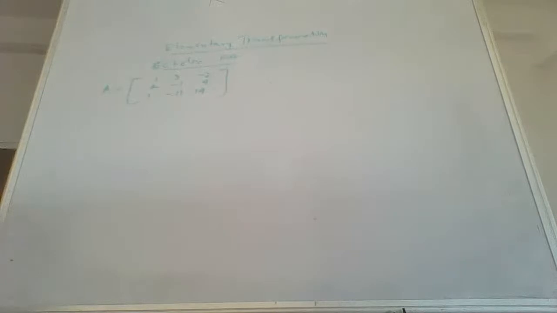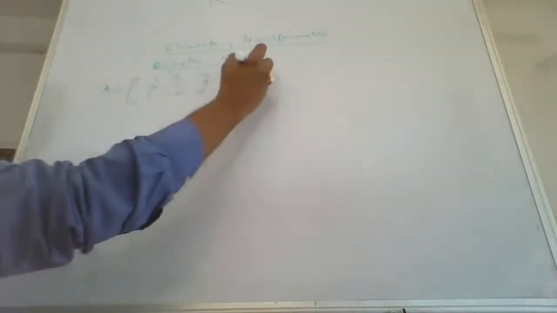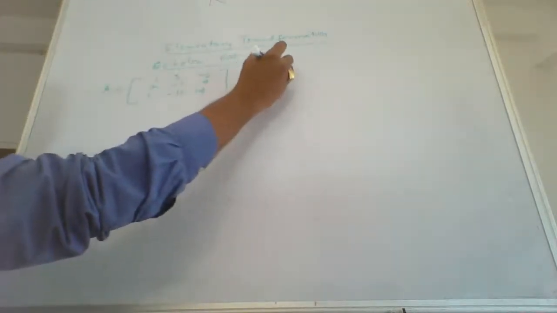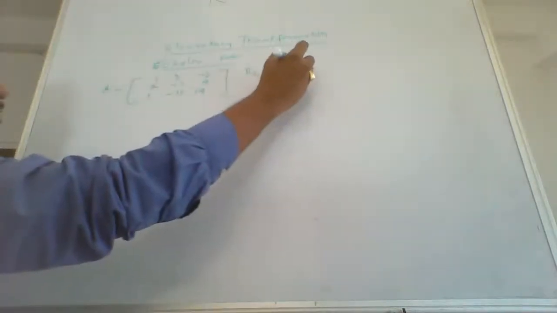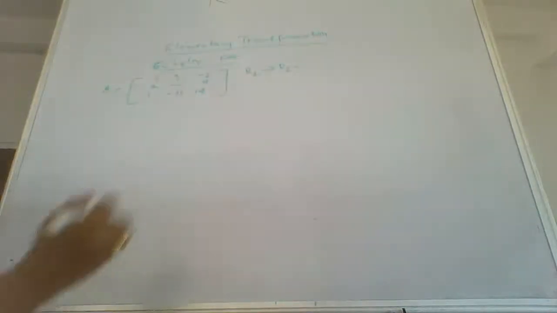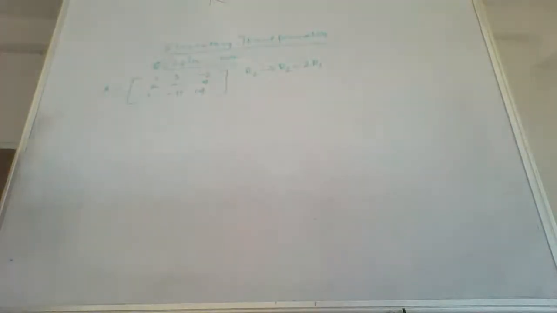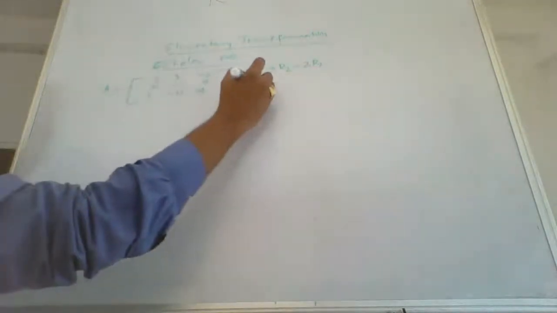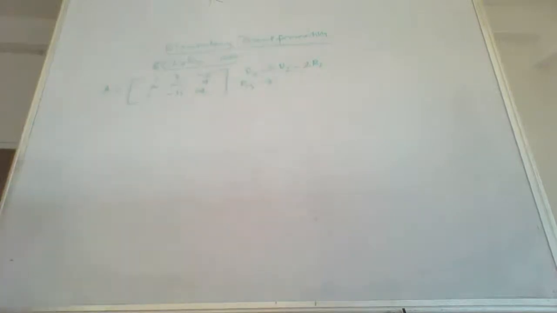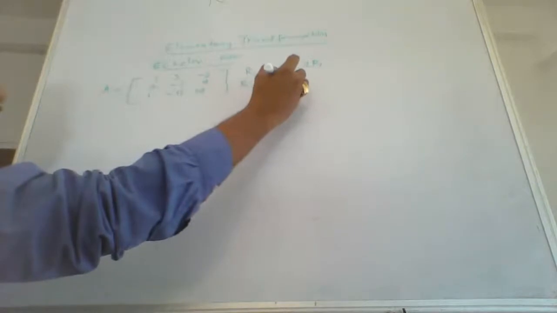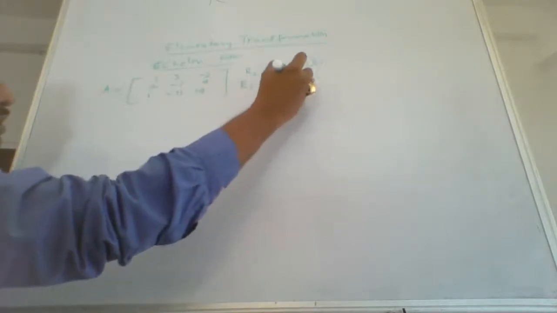So I'll do the row operations on row 2, which results in row 2 minus 2 times row 1. And on another row, row 3, which is row 3 minus row 1.